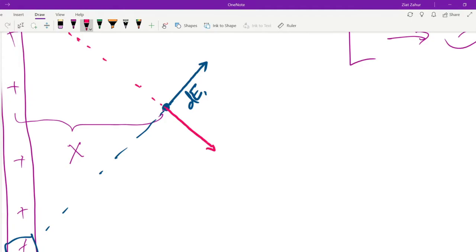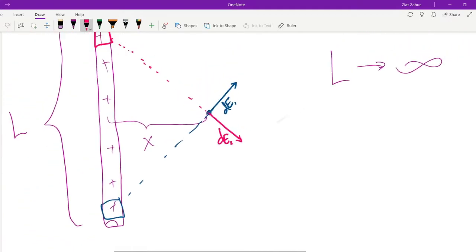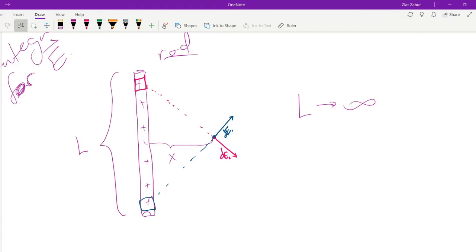It's away because it's positive. Then you add up all the dEs, essentially getting a value that is to the right. So E is equal to Ex in this case, as Ey is 0 due to symmetry.